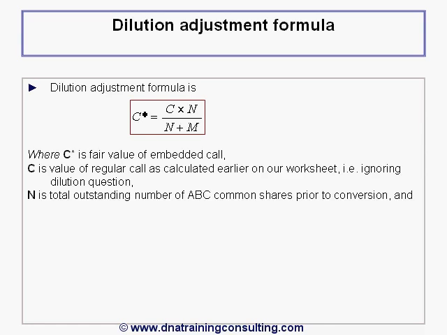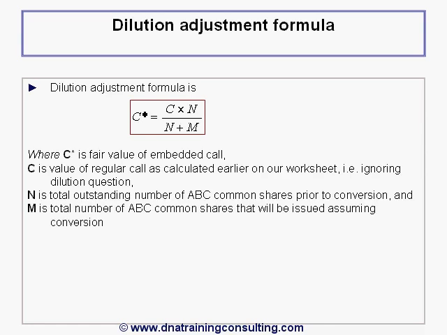N is the total outstanding number of ABC common shares prior to the conversion, and M is the total number of ABC common shares that will be issued assuming conversion, the additional shares.